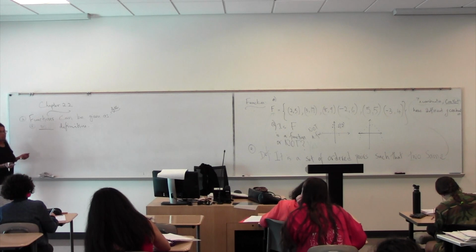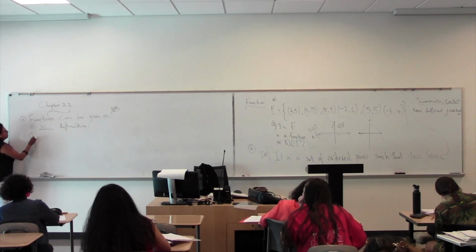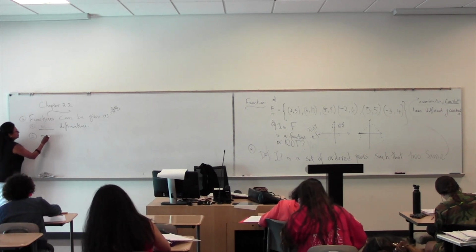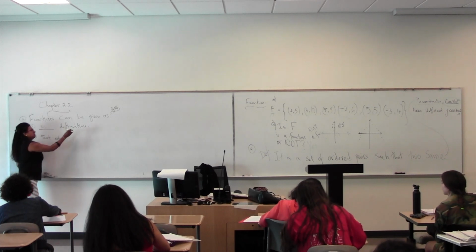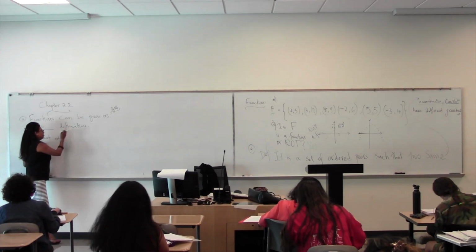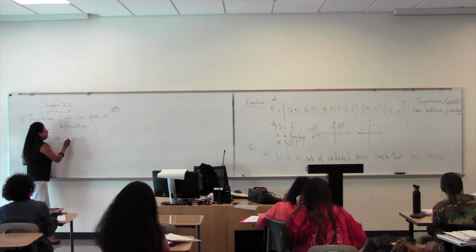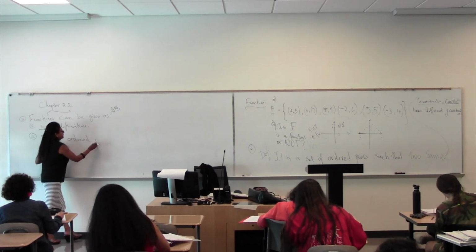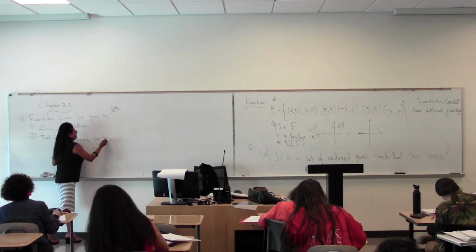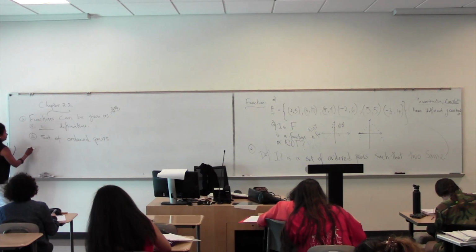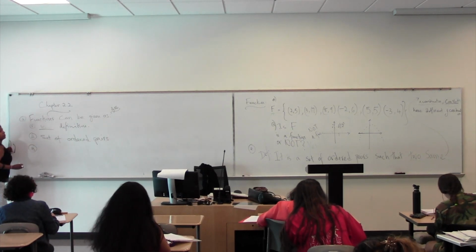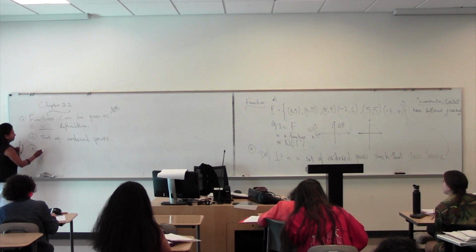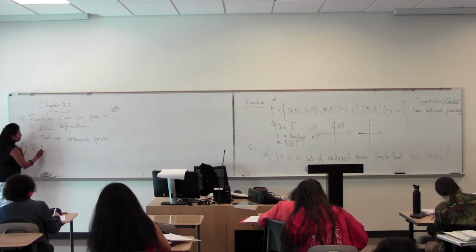Number 2, set up. In this definition, what are we going to use as set up? Ordered pairs. Number 3, graph. As a graph.